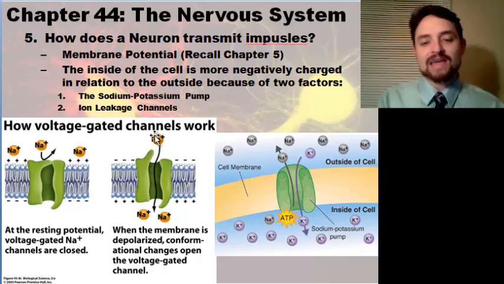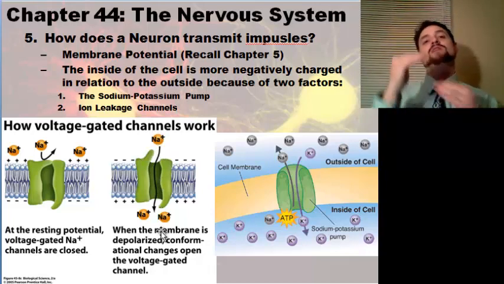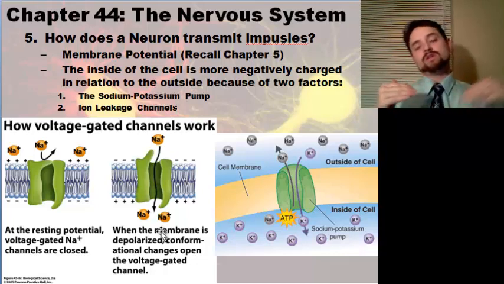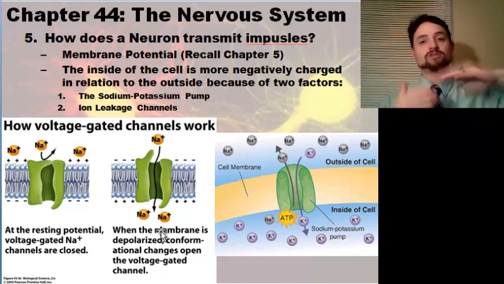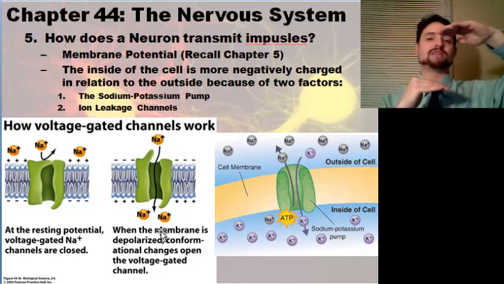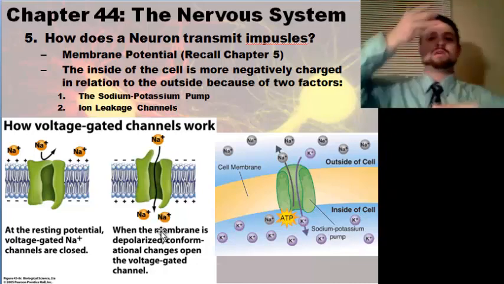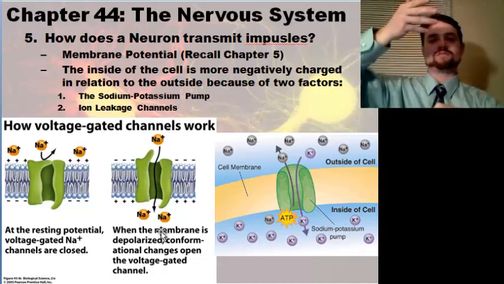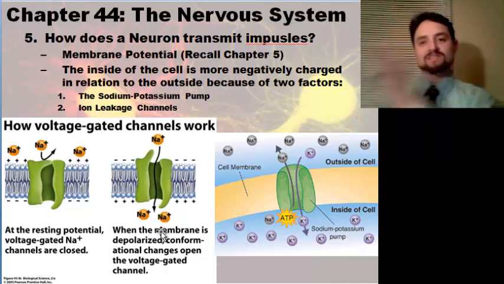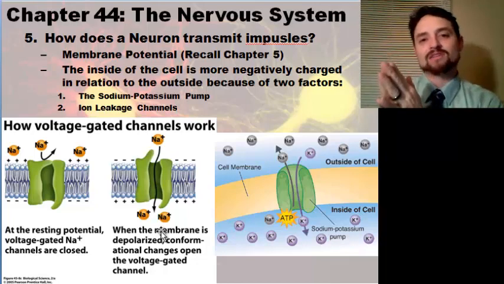The ion gate will open and sodium will rush into the cell. When that happens, it causes the charges in the cell to flip. So you've had positive on the outside, negative on the inside. All of a sudden this gate channel opens, sodium rushes in, and it causes them to flip.